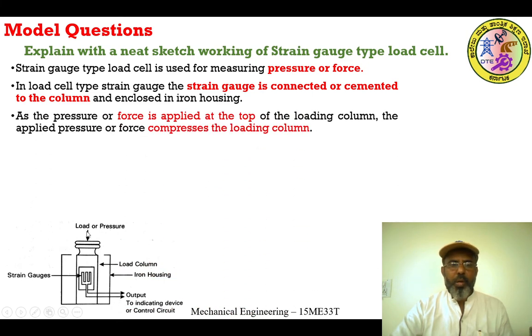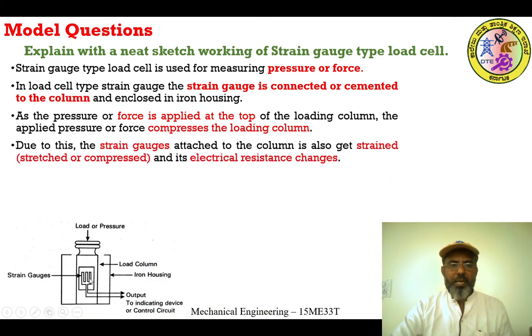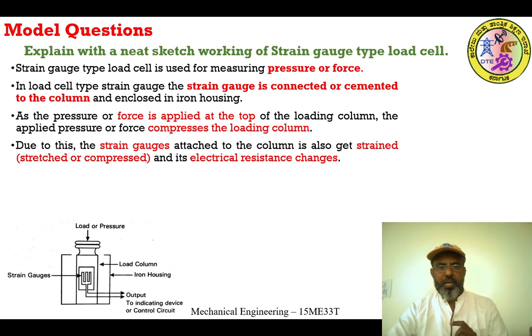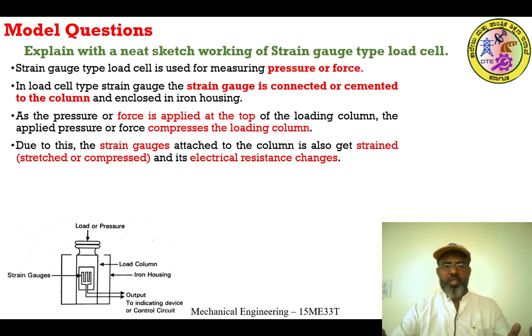Then we apply the load or pressure. This column will get compressed. As the column gets compressed, the strain gauges will get strained. That is, the strain gauges in the longitudinal direction are compressed, whereas on the diameter side they get stretched.